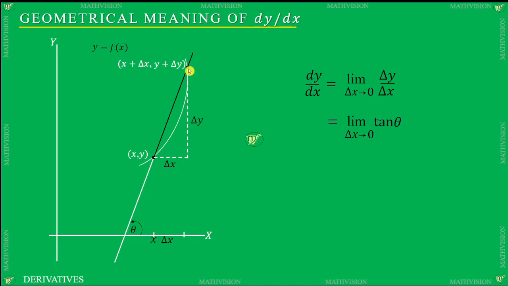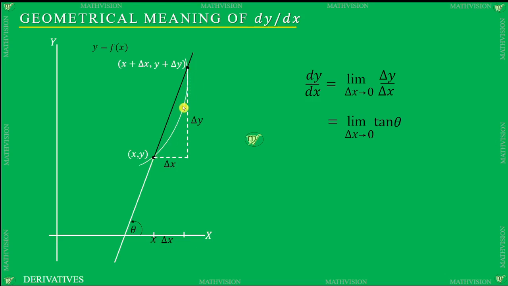Now if this point moves along the curve and approaches this point, in that case the secant line also changes its orientation. Actually, the secant line rotates about the point.